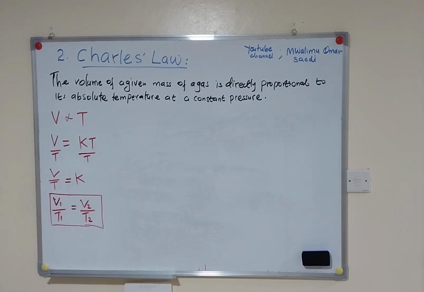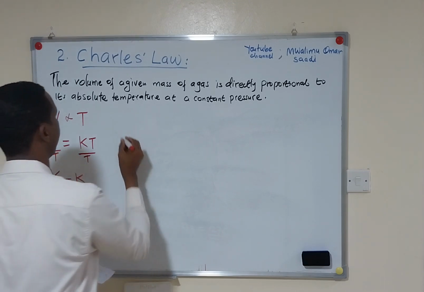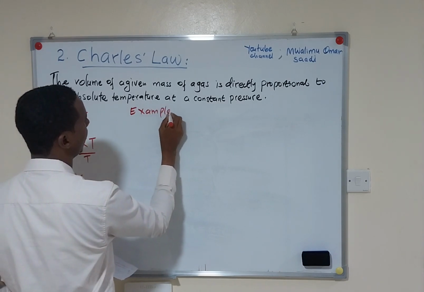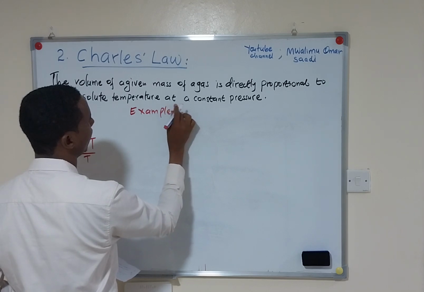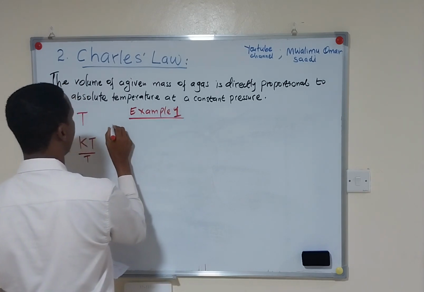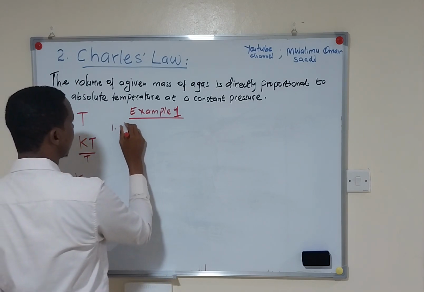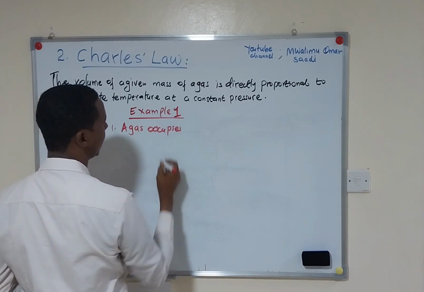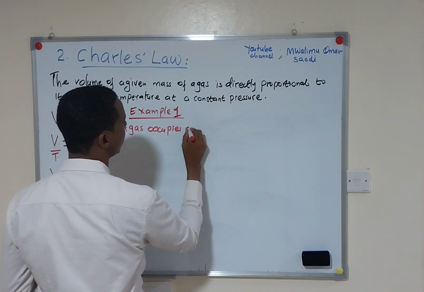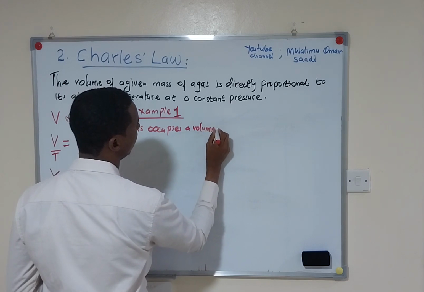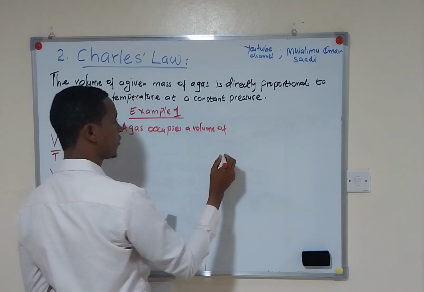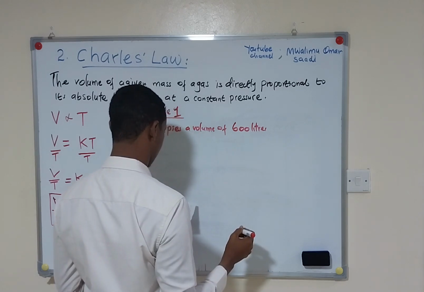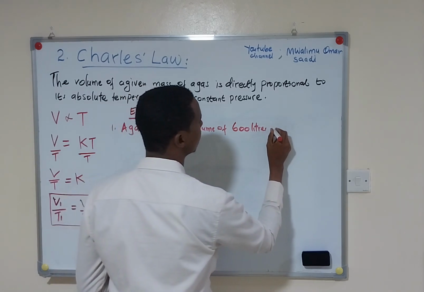Okay, here we have an example. Example 1 in this law. A gas occupies a volume of 600 liters at 20 degrees Celsius.